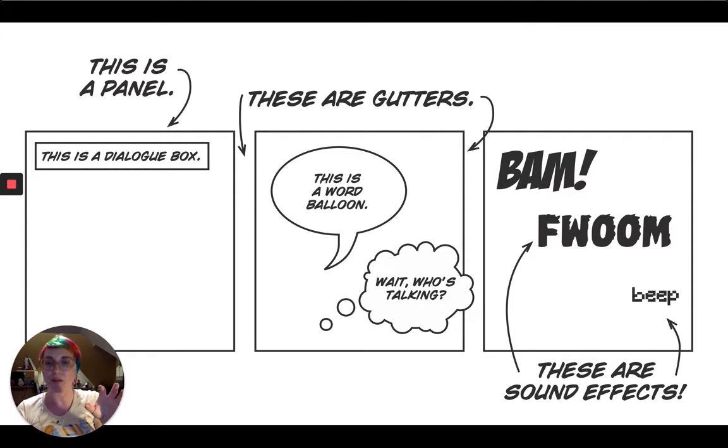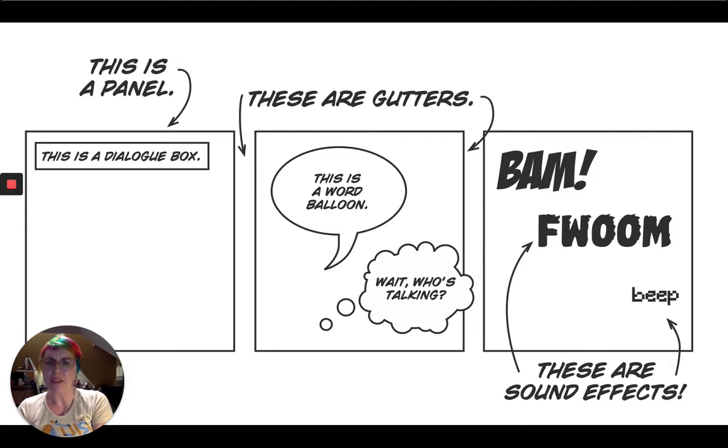We have these containers for our images, these panels, but we also have words and sound effects and things like that that exist within the panel as well. There are no images in here. I'm just showing you the building blocks, but imagine whatever kind of imagery you want in these panels. There are a few different ways to describe sound. The first is a dialogue box. That's in that first panel there.